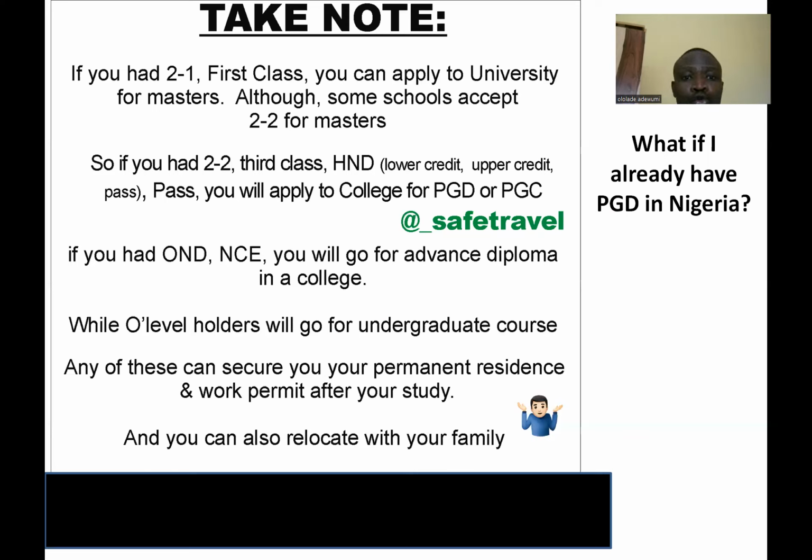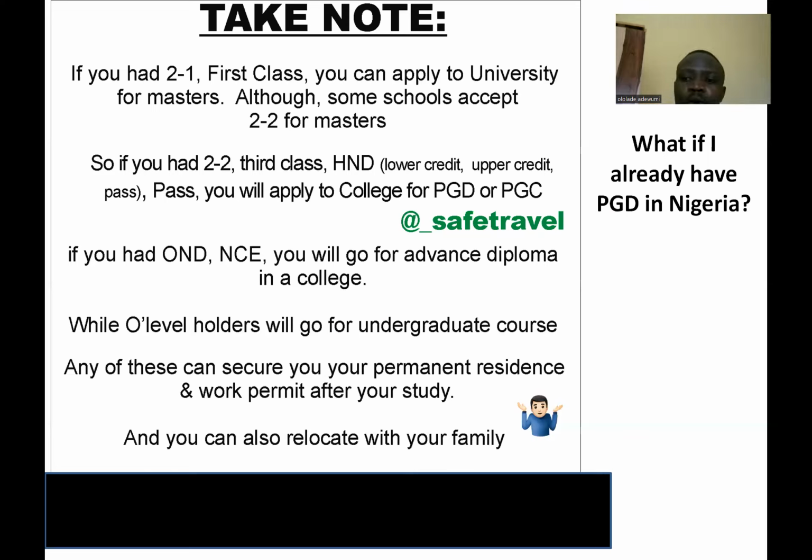So if you have 2-2, we normally advise that you go for a graduate certificate program, go for PGD, PGC. If you have third class, if you have HND, you fall in this category as well. You go for a graduate certificate program in the college. Masters and PhD are done in the university.